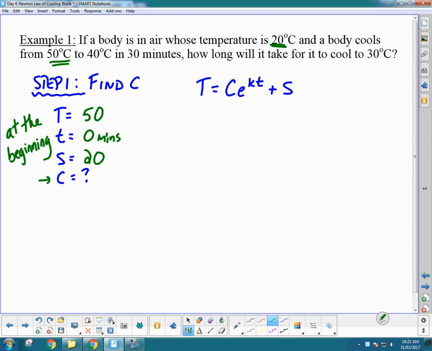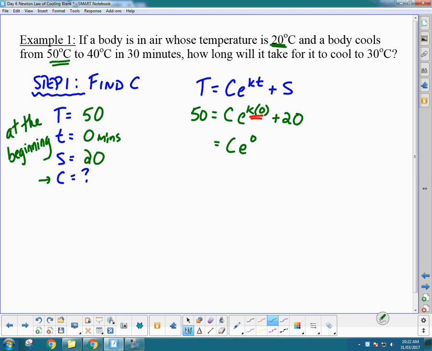If we plug that in, we should get the C of 30 as well. So 50 equals something times e to the k times 0, plus 20. You might think, how can I solve this if I don't have a k? But because I'm talking about the beginning, that k gets multiplied by 0, so that part doesn't matter.